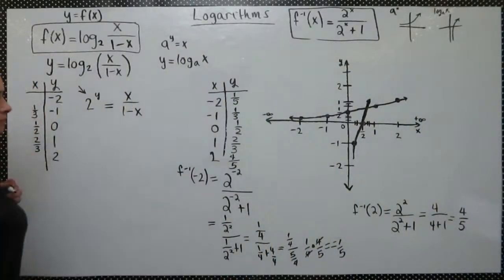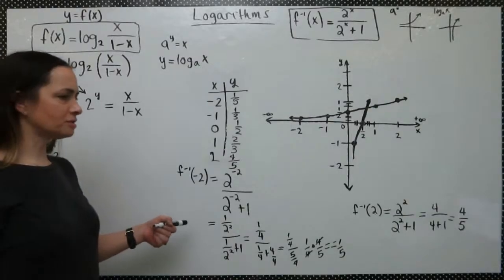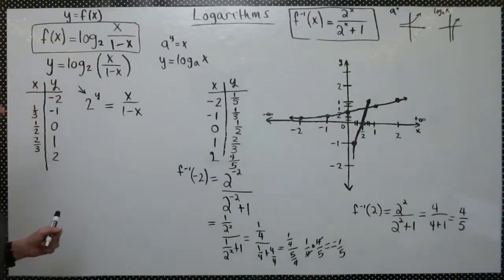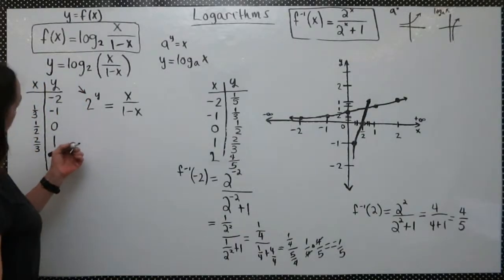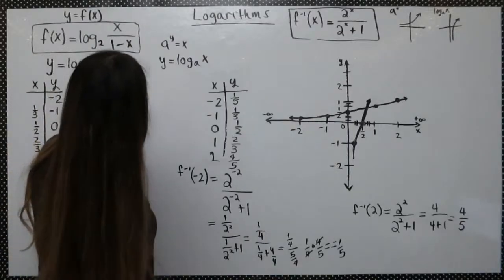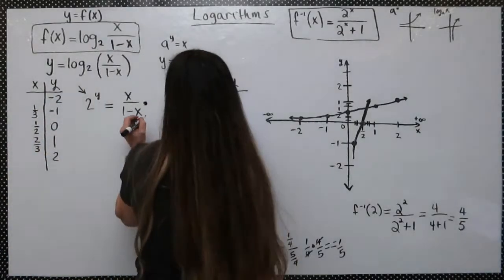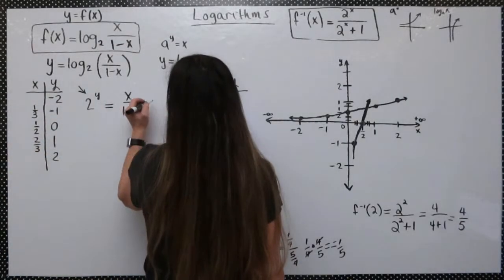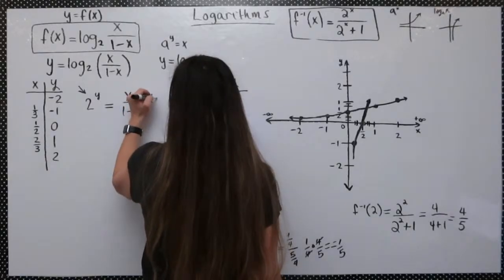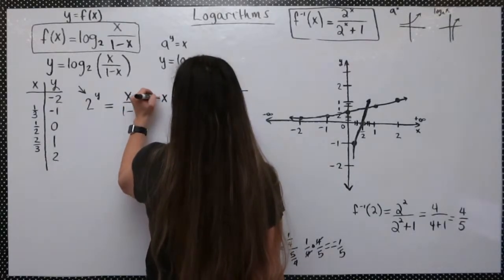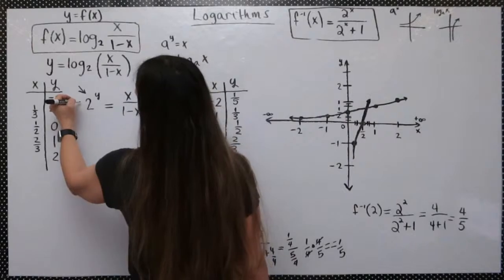So we'll come over, we did the easy part first. Now we're gonna do the hard part, and this shouldn't take too long, but we'll see what happens. So I'm just gonna try to see if I can solve this for x real quick. So that's gonna be 1 minus x, both sides.